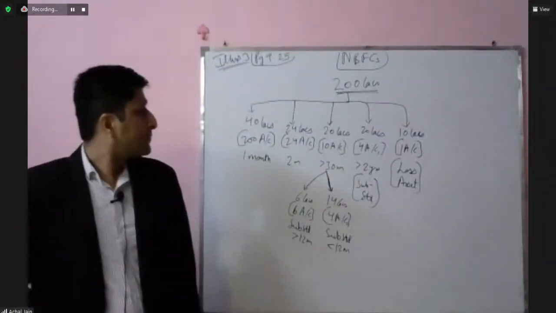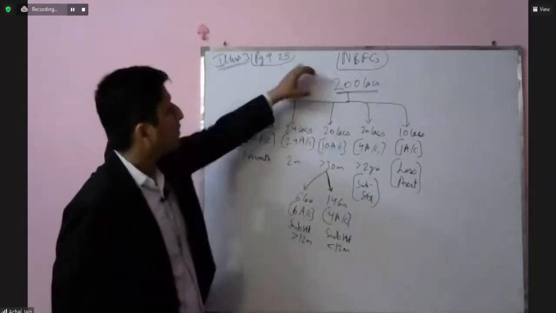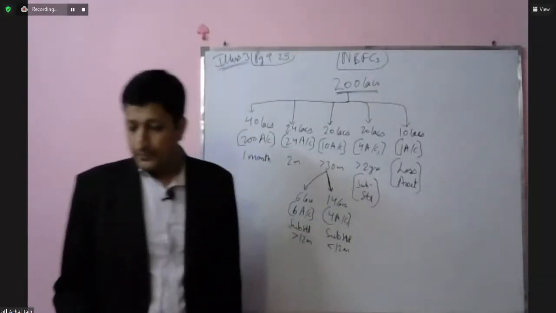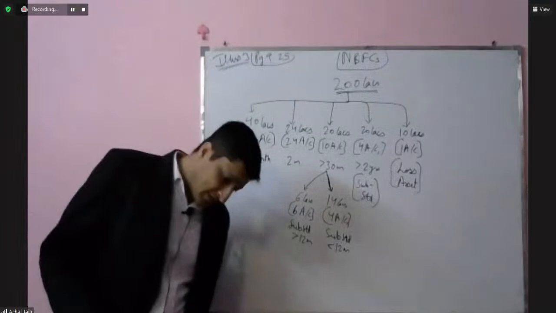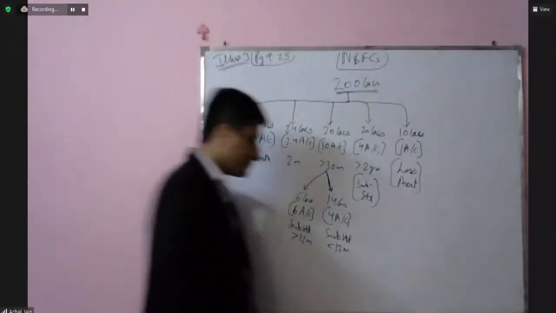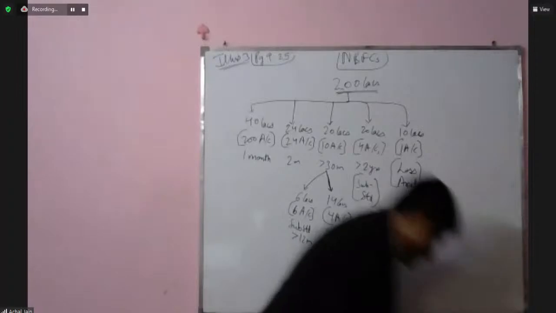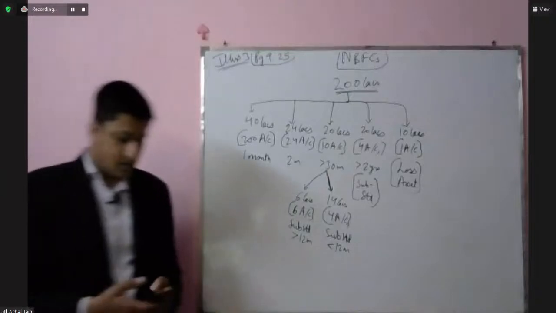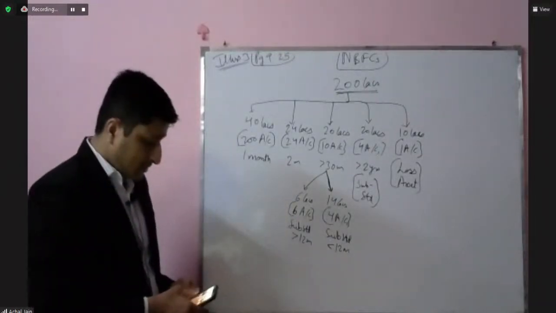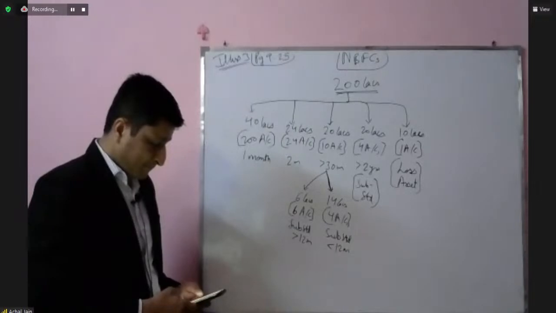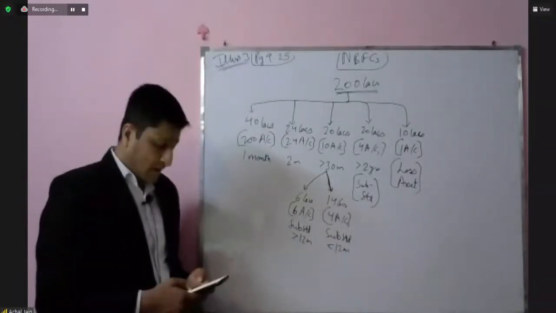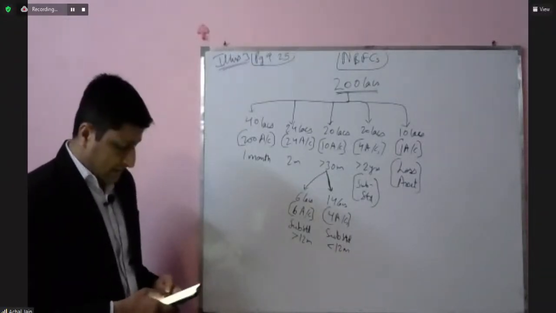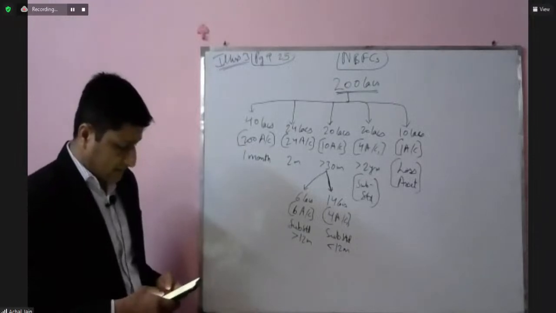Okay, clear? Now you can also check that out of this 200 lakhs, something would still be pending. Can you compute that and let me know? Let me also compute this. Let's see whether this 200 lakhs is covered in totality or something is pending. 200 less 40 less 24 less 20 less 20 less 10 lakhs.